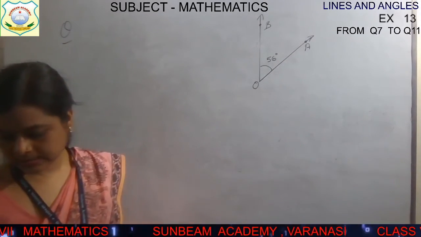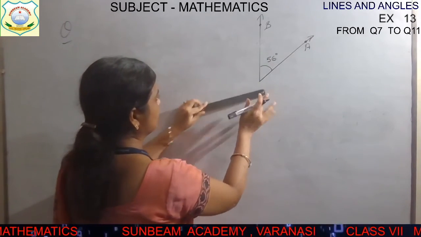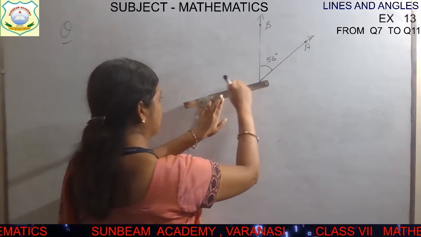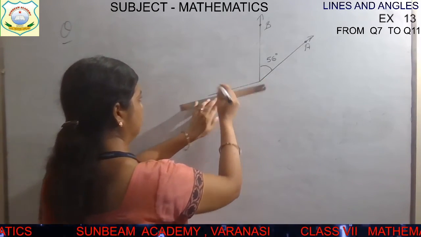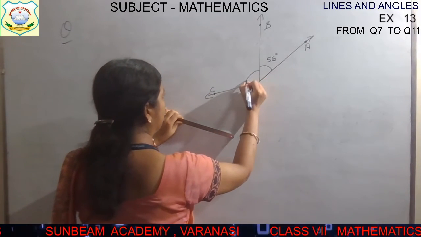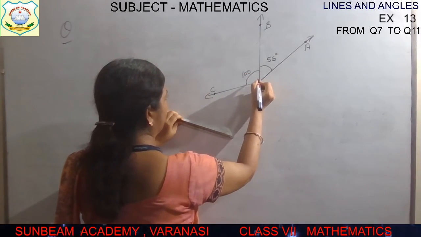Okay, next OC. OC is given, children. OC, this one. How much is this? 100 degree. This is 100 degree. And let me write O here.